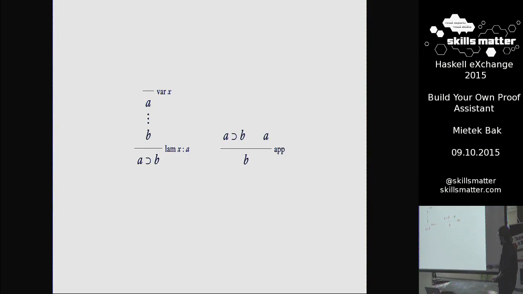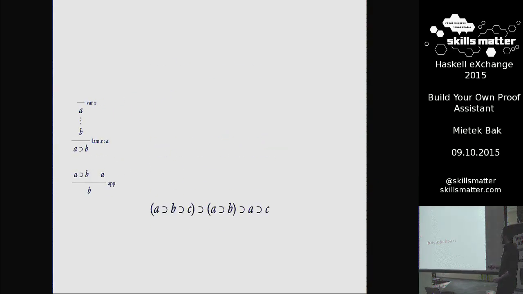So this actually introduces what's called a hypothetical judgment, which is scoped to within the area above this rule. And we shall see later how to deal with issues of scoping in practical implementations. For now, maybe we can actually try to use these rules to do something.